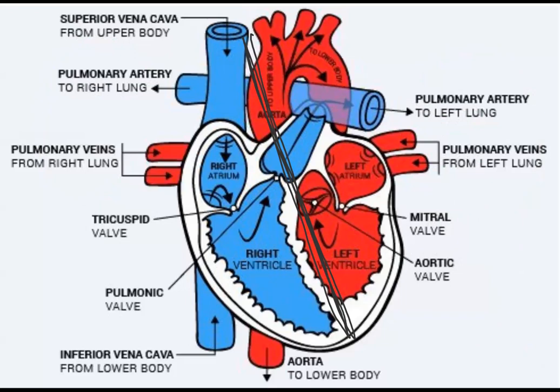So the lungs are technically in between the right and the left side of the heart, if that makes sense. Hopefully it does, right? So let's go ahead and convert this picture to a much simpler diagram. Not that it's anatomically correct, but something that we can understand perhaps a little better, hopefully, right?